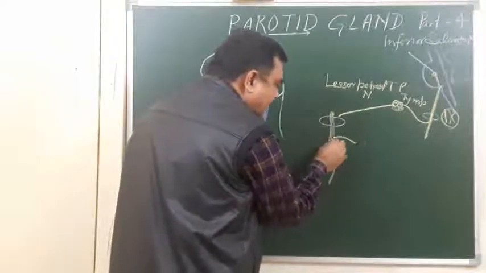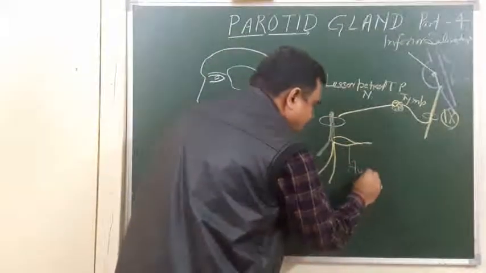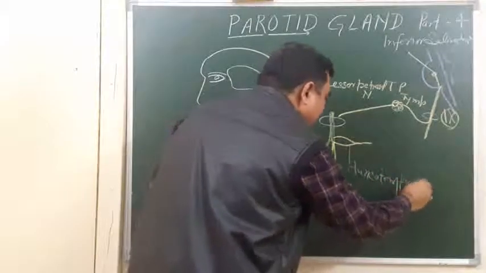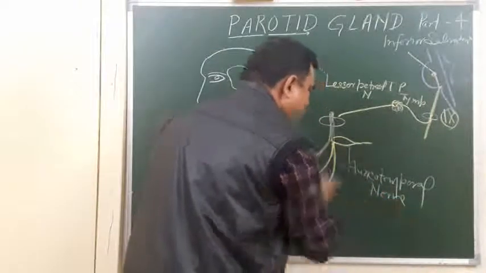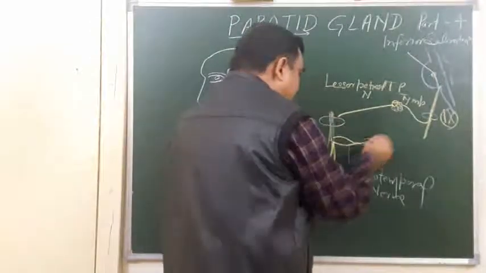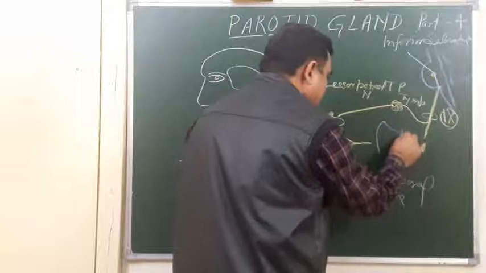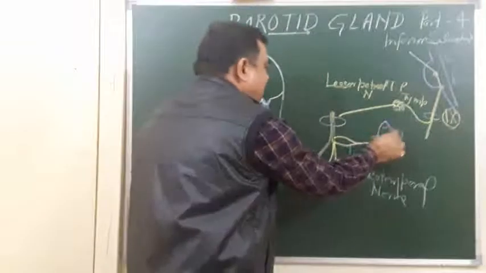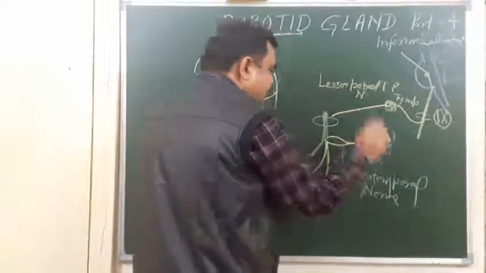Here is the position of the gland. This auriculotemporal nerve gives supply to the gland.